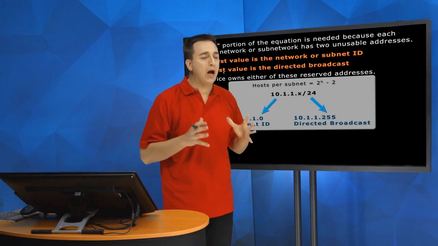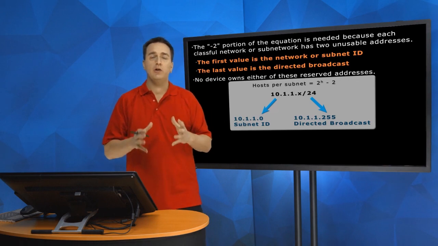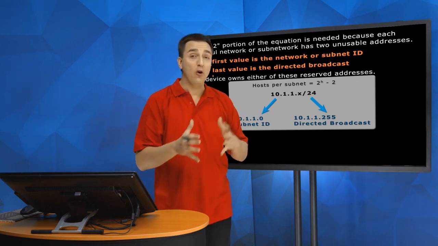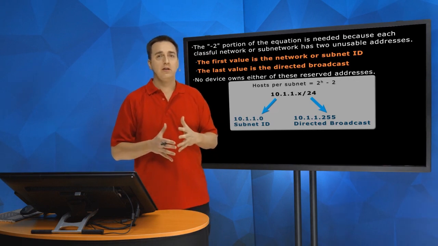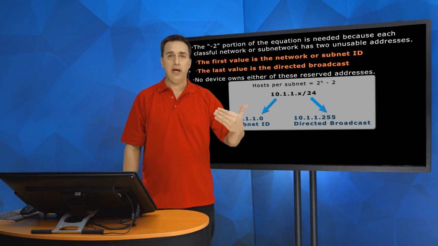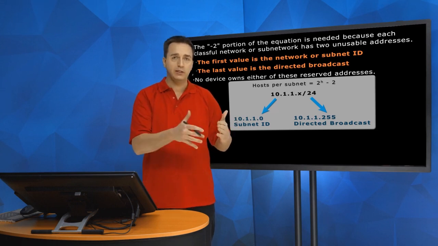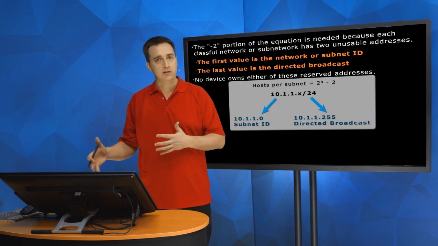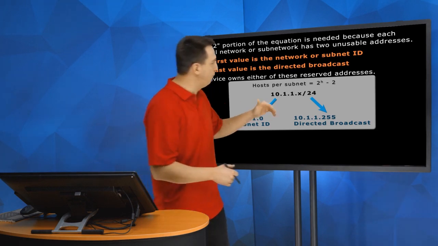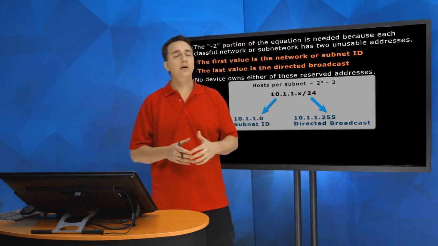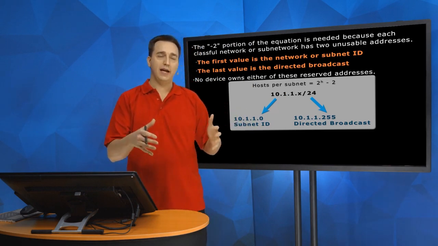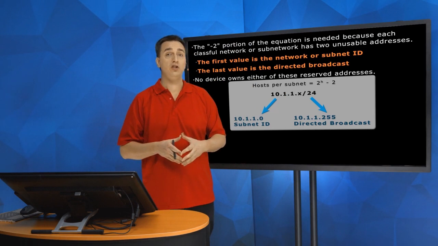It is what the router uses to make its forwarding decisions. It's the information that goes in the routing table. So you cannot assign this address to an end station. Since I can't use it, we subtract it from the number of usable addresses inside of that subnet. Hence, 2 to the power of h minus 2.